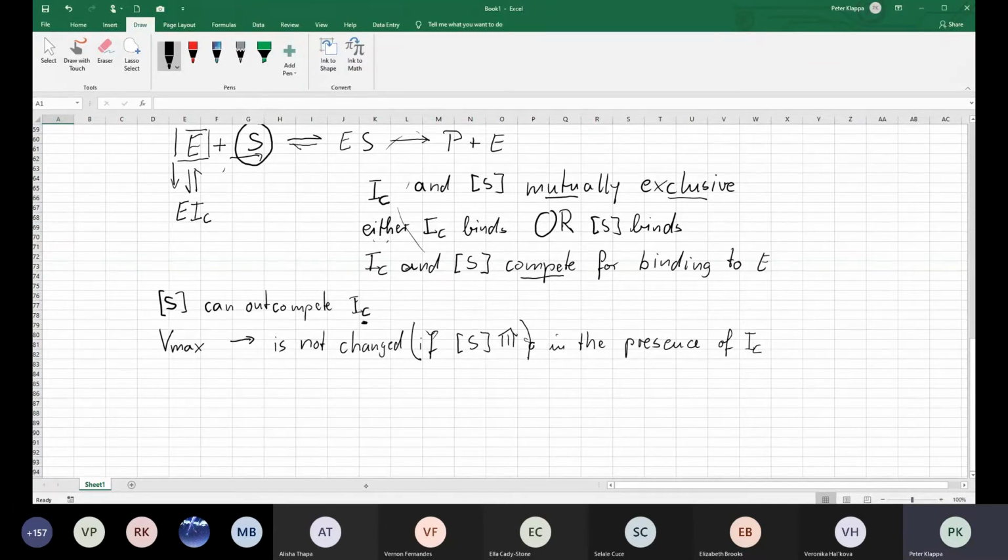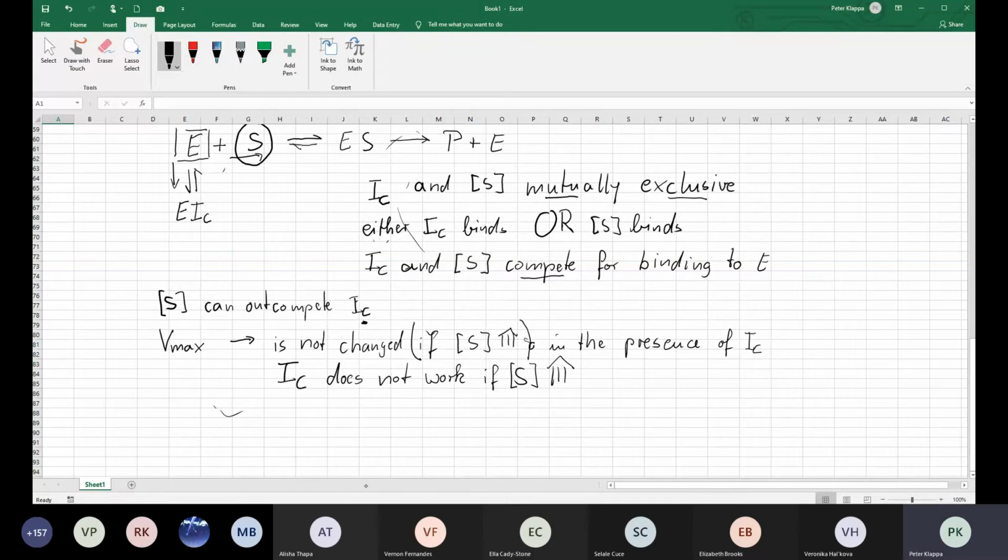Vmax stays constant with a competitive inhibitor, or a competitive inhibitor does not work if the substrate concentration is very high. These are basically all the same things. Competitive inhibitor does not work if the substrate concentration is very high because the substrate outcompetes the inhibitor.